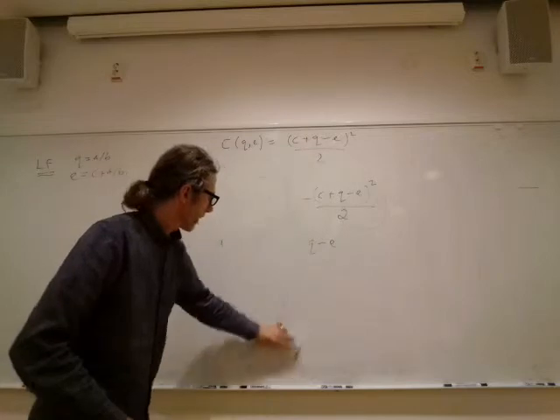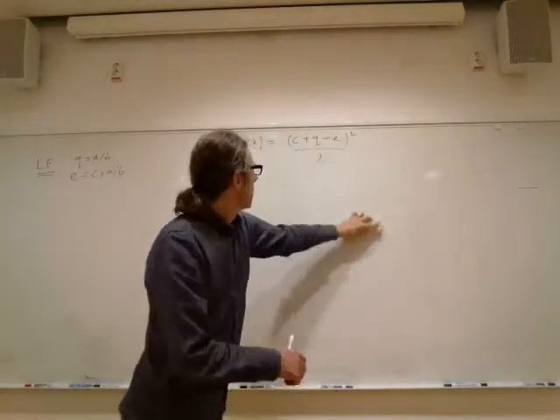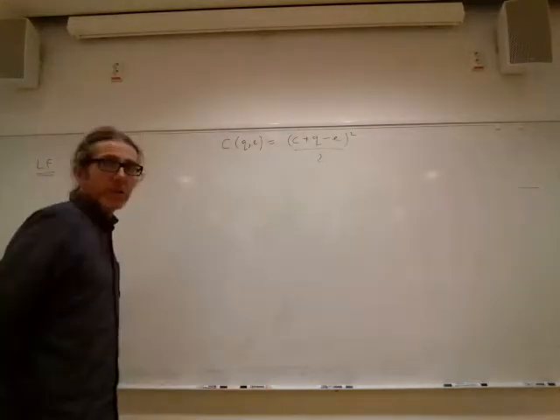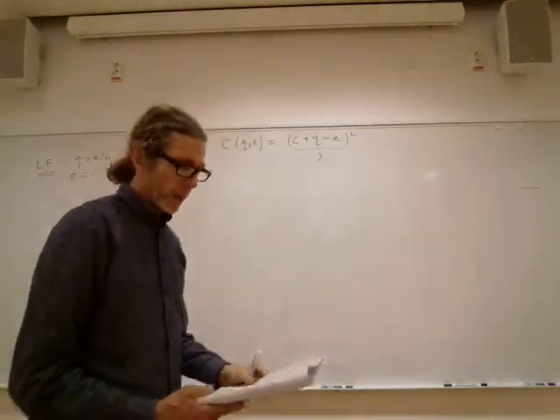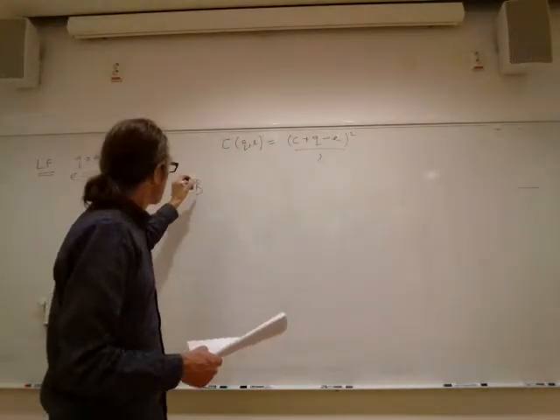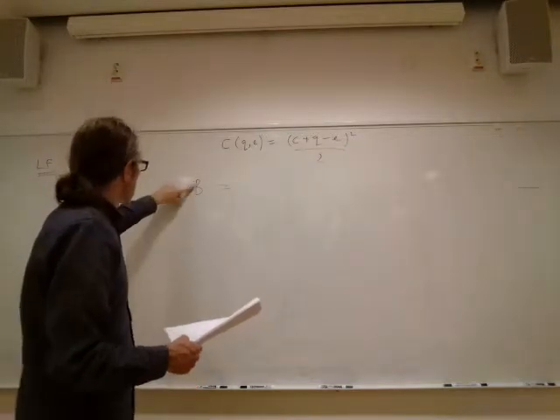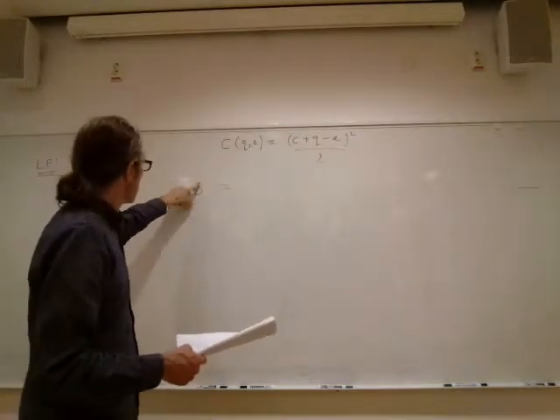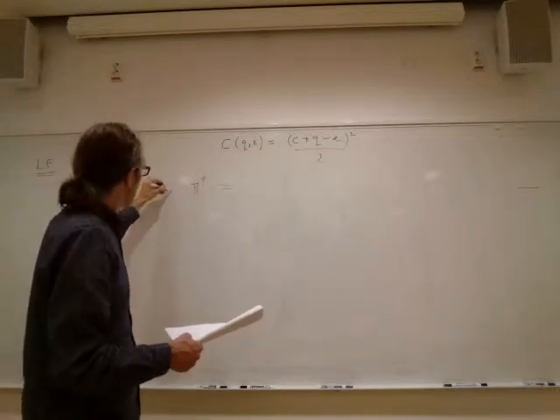So what's the social planner's problem? The social planner wants to maximize net benefits. And what are net benefits? We can call them something, I don't know. Let's call them pi star for the social benefits.